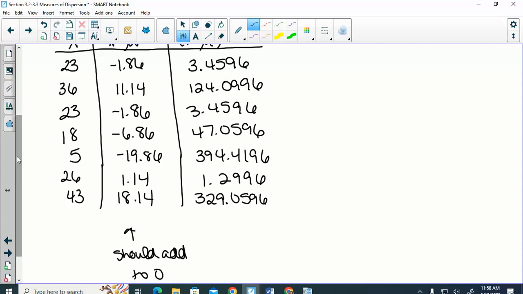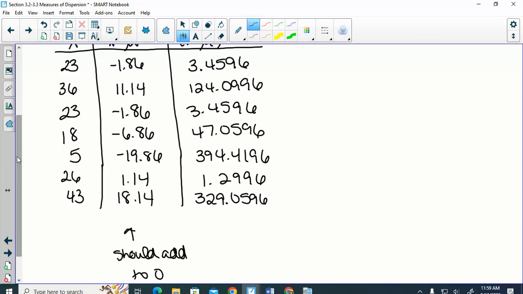Rounding error. What did we round? The mean yesterday was rounded. Remember, it had more decimal places. So it's because we have rounding error that it did not work out perfect, but it should still be very, very close to 0. So I'm feeling pretty confident about that.